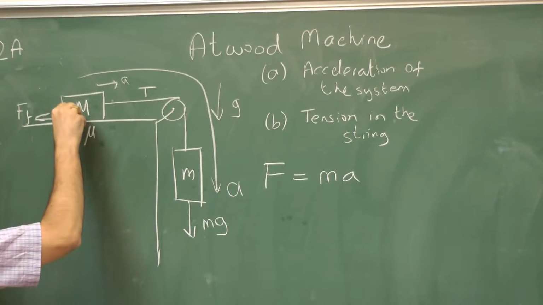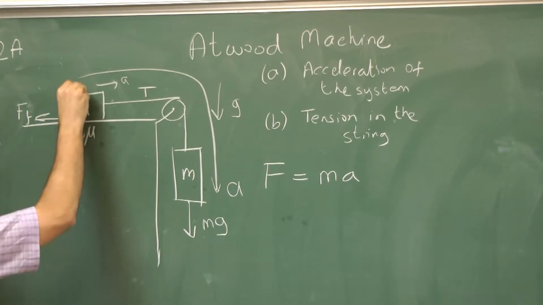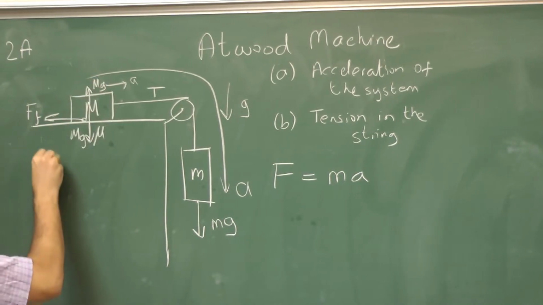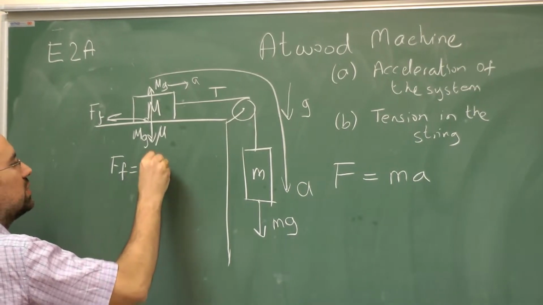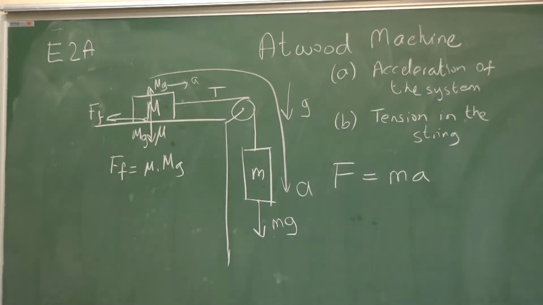So since this acts with Mg down, the normal force is equal and opposite as Mg. So the force of friction here is just mu times Mg, and it acts to the left because I'm assuming the system will move to the right.